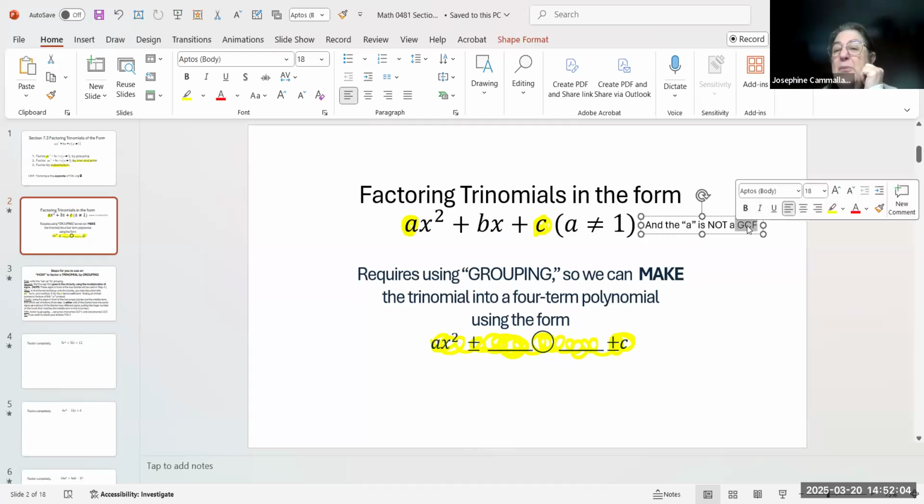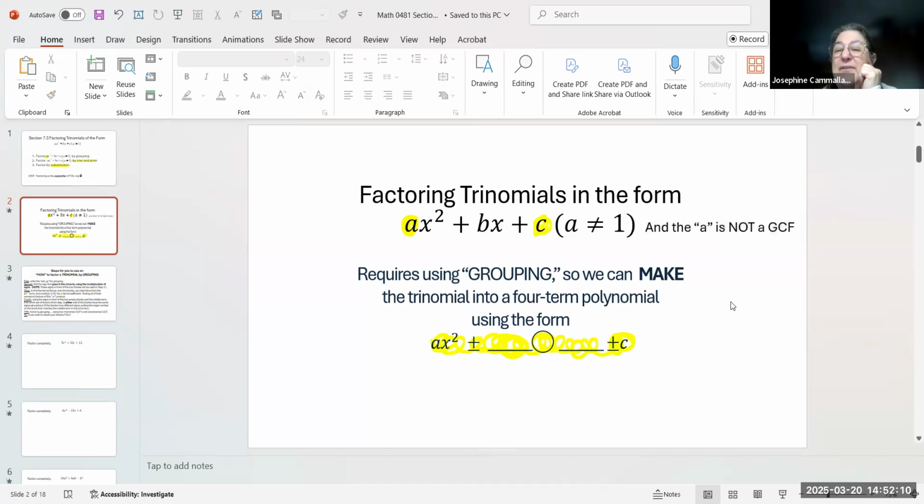So therefore, let's see here, I'll make this a little bigger. Okay. And A is not a greatest common factor. In the last section, it could be, and it was. But here, that's what makes these trinomials a little different.